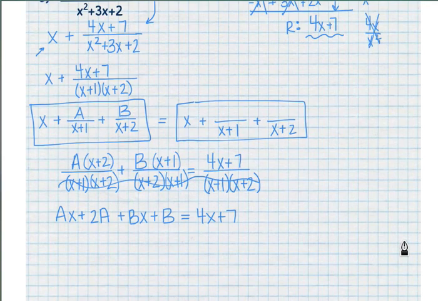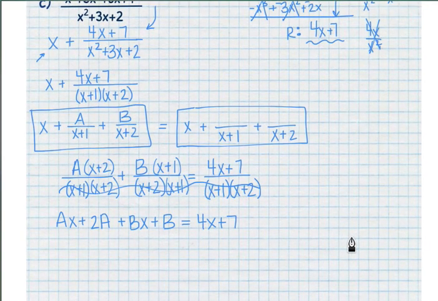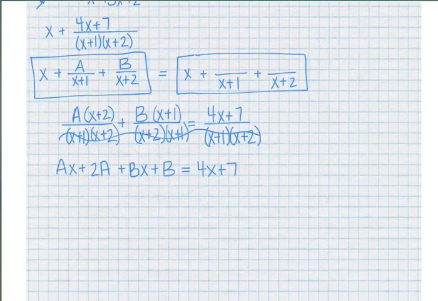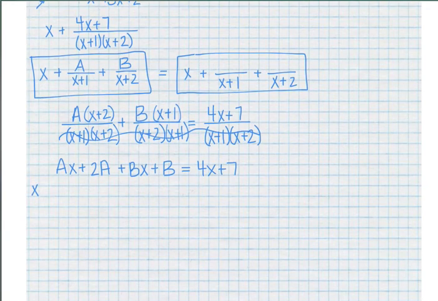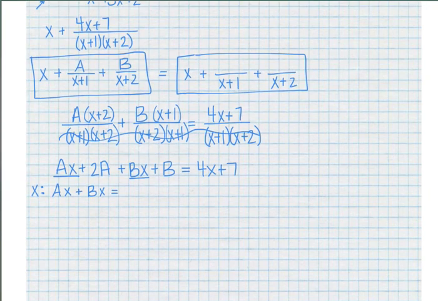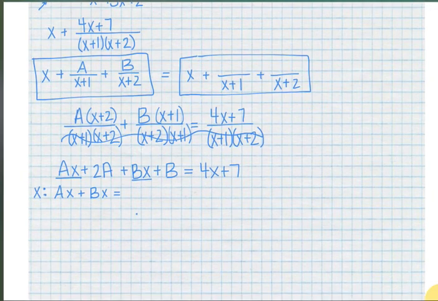So now we'll make our equations. We'll make an equation out of our x stuff. So we have an Ax, and we have a Bx, so plus Bx, and that will equal 4x on the other side. Then we'll have our equation with our plain old numbers.